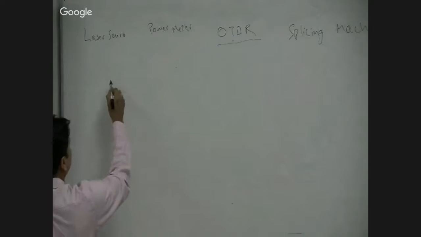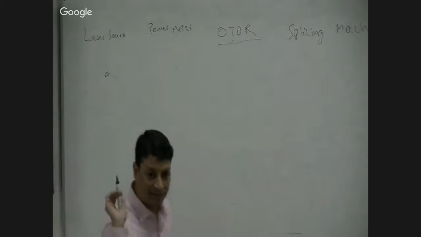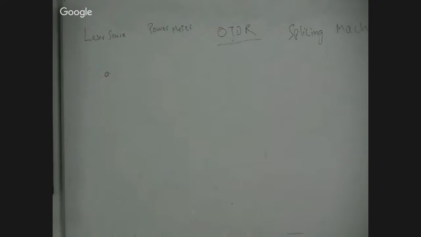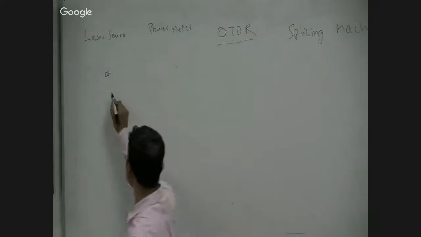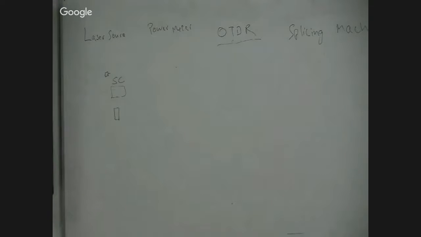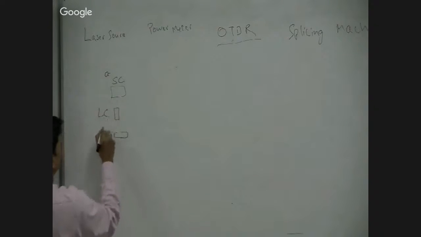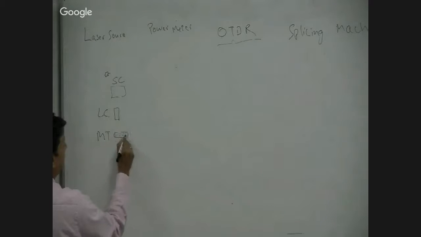Now in this campus, I went there, I saw a lot of SC. So SC connector is your square connector. LC is thinner than that, and we have a new format coming up, MT. This is multi-fiber.